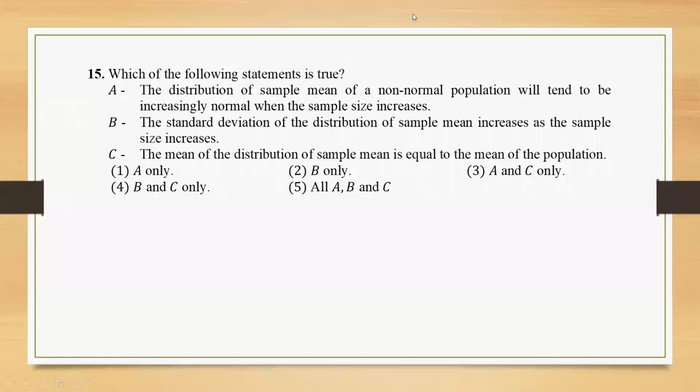So if we consider x bar and its variance, variance of x bar equal sigma squared over n. So what happened? When n increases, what happened? Variance of x bar decreases. So there is an inverse relationship between the sample size and the variance, that is, between the standard error and the sample size. So therefore A is correct but B is not correct.